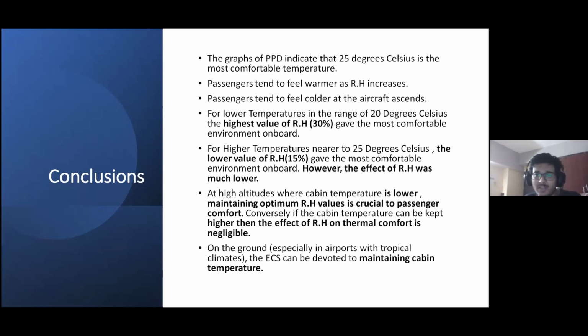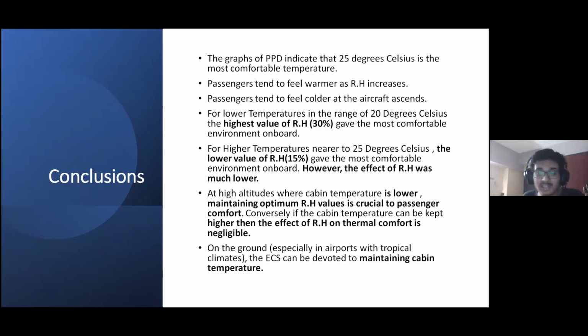At high altitudes, where cabin temperature is lower, maintaining optimum RH is very crucial for passenger comfort. Conversely, if cabin temperature is higher, we have to keep the RH at a lower value. But we can also see one more very interesting thing: the effect that humidity has on thermal comfort is very low at higher temperatures.